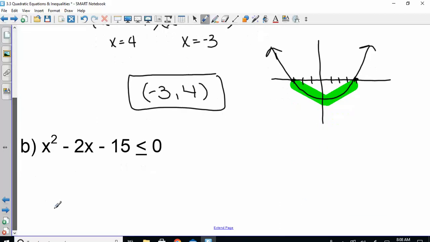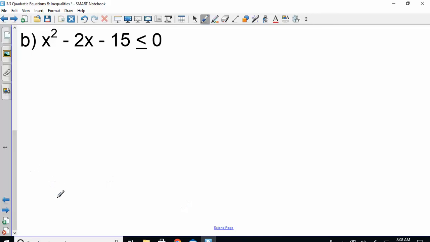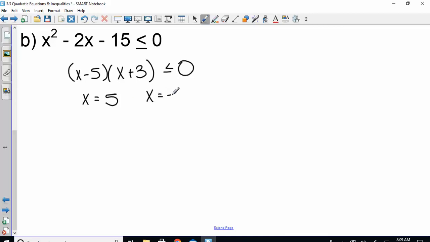All right, let's try another one. So what does that factor into? Negative 4. So we get that x would equal positive 5 and negative 3.